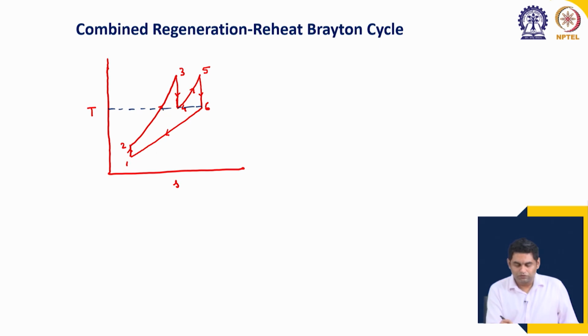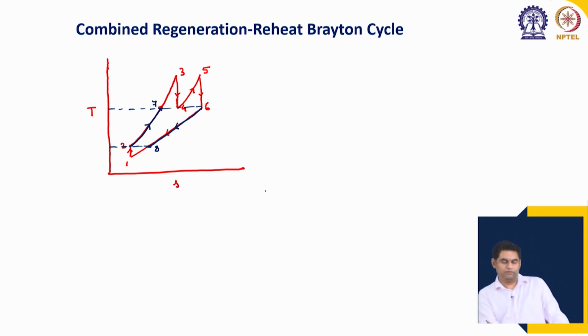Going from 2 to say 7, for the ideal case with optimal design parameters, this T 7 is equal to T 4 equal to T 6. So, going from 2 to 7 is the heat transfer to the air in the regenerator. And the corresponding process where heat is extracted from the combustion products goes from 6 to 8. Again, for 100% regenerator effectiveness, T 8 should be equal to T 2.